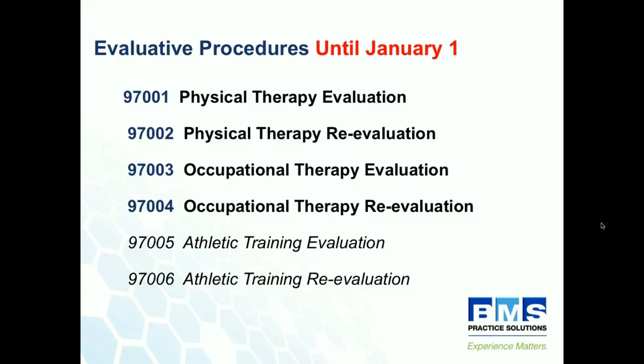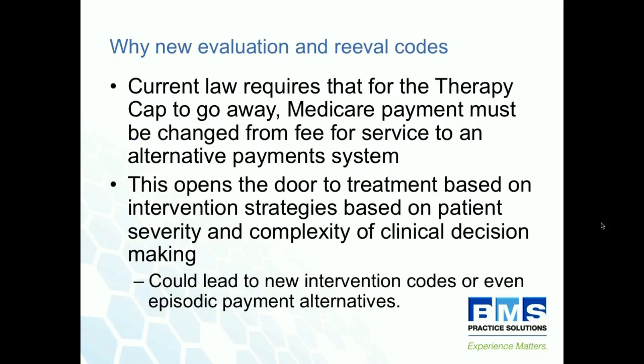So up until January 1 of 2017, we will continue to use the PT and OT evaluation codes we've been using for years, so that's 97001 through 97004. However, starting on January 1st, we will be using new evaluation codes.